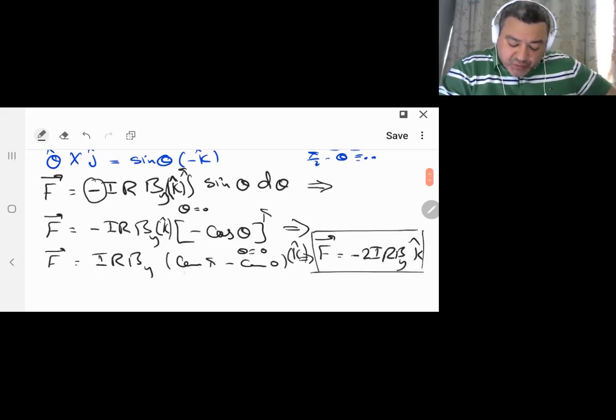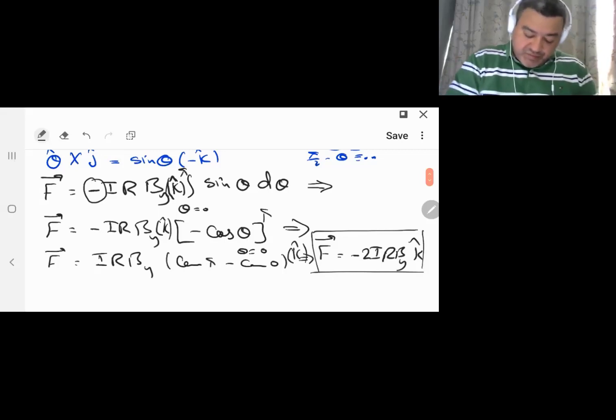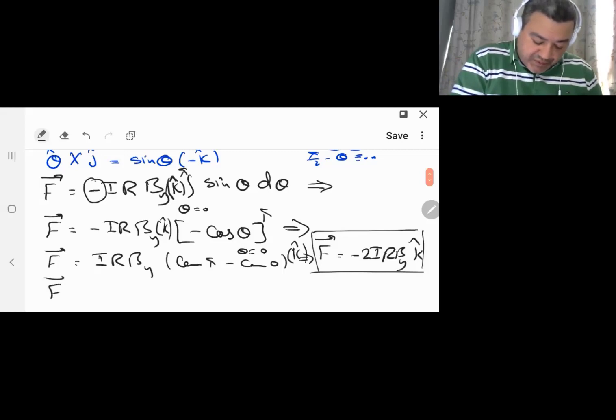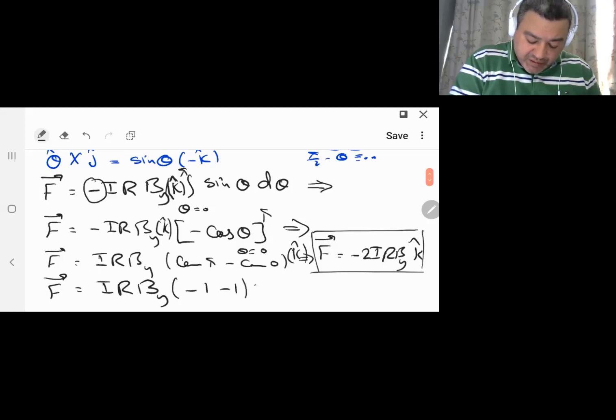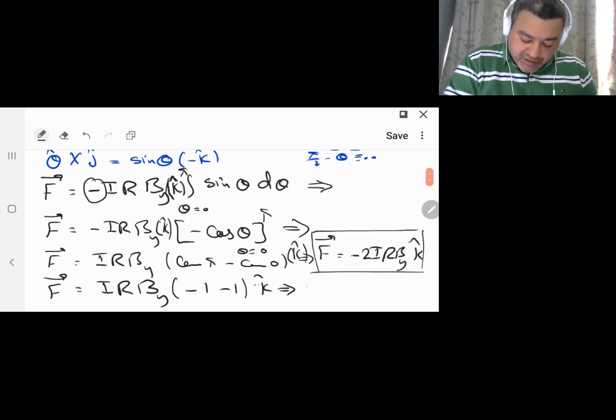After we substituted cosine pi minus 1, F equals I r b y minus 1 minus 1 k hat, and this gives F equals minus 2 I r b y k hat.